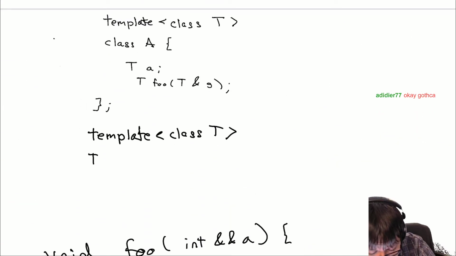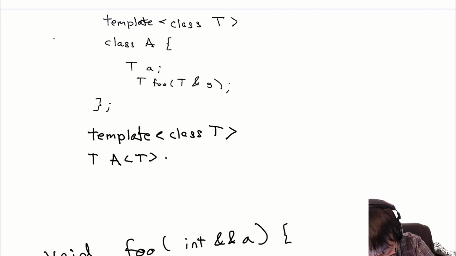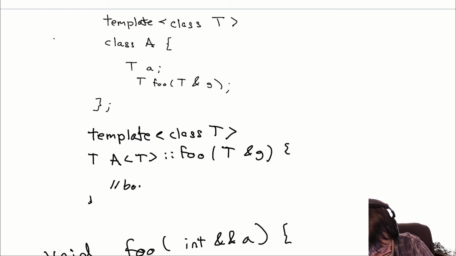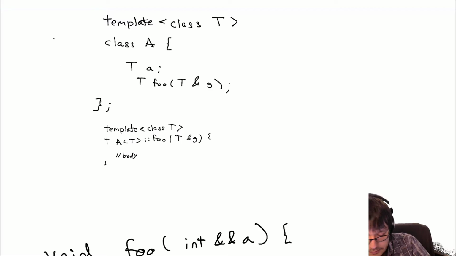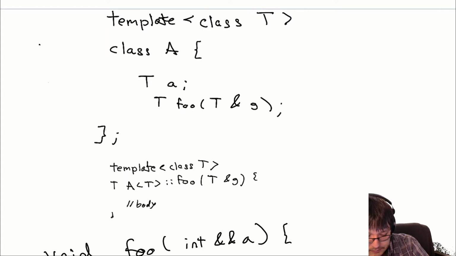So class name is called A. Then we put T in there, scope resolution operator, foo, and then T ampersand G, and now we can put the body of the function, like such. Okay, and now let me just make everything bigger again.